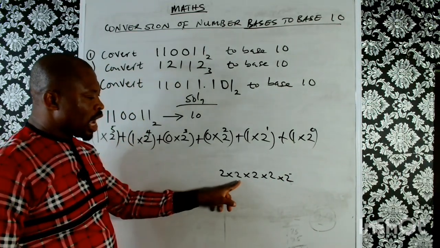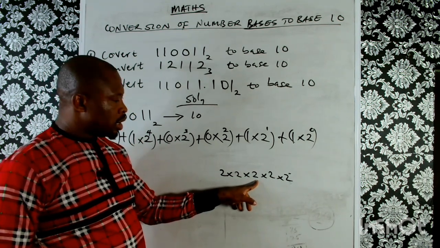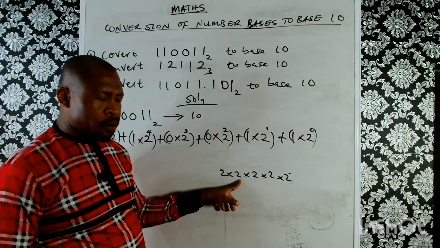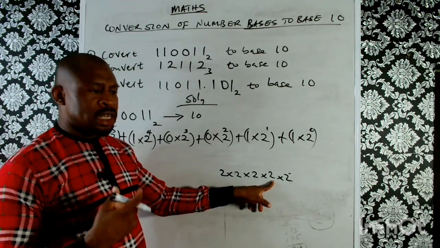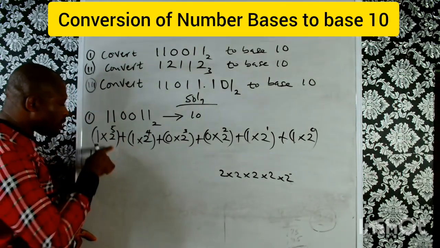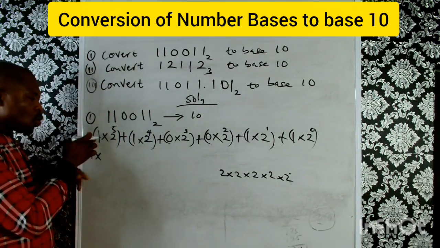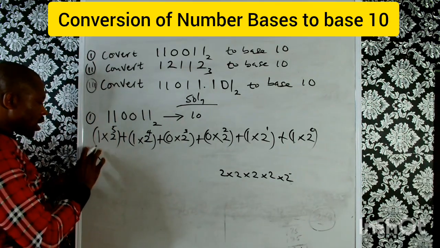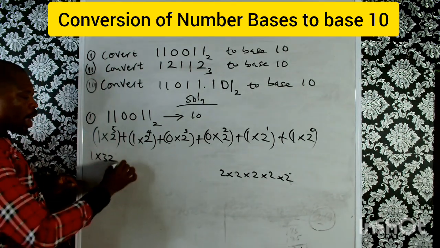Which will give us 2 times 2 is 4, times 2 is 8, times 2 is 16, times 2 is 32. So 2 raised to the power of 5 is 32. 1 times 32. Let's put it this way.